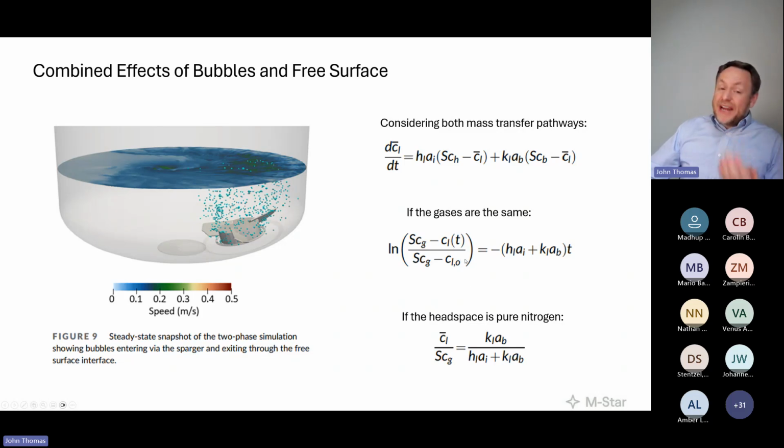If the headspace is pure nitrogen, for example, let's say that we've got no oxygen coming from the headspace, we can simplify this expression even further to extrapolate what the mean concentration should be. So again, I'll speak to this briefly because I want to get to the working demo.